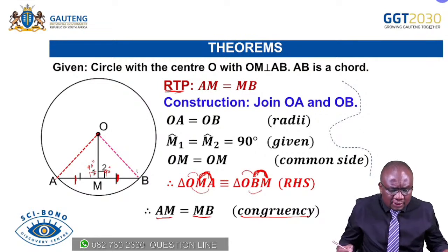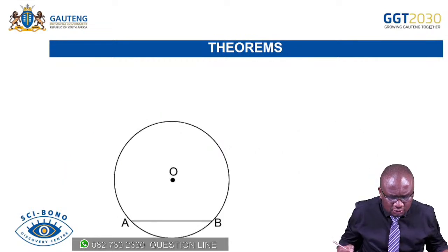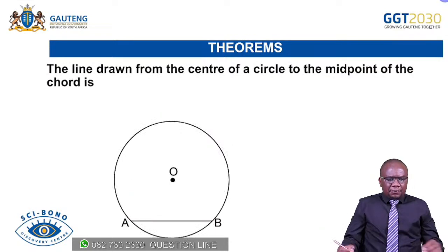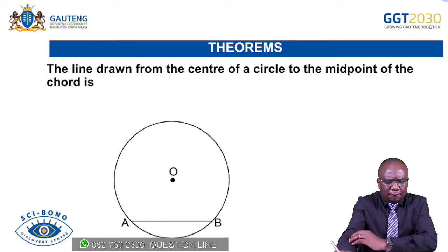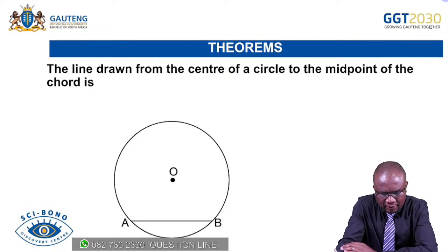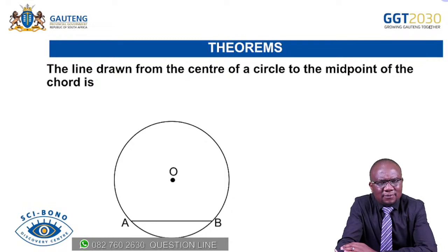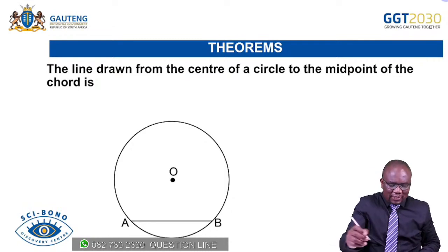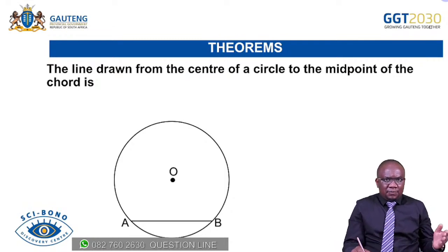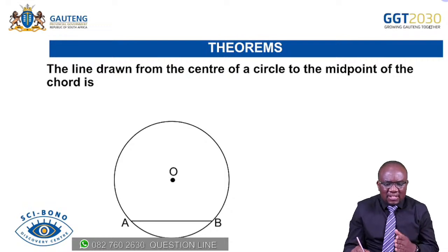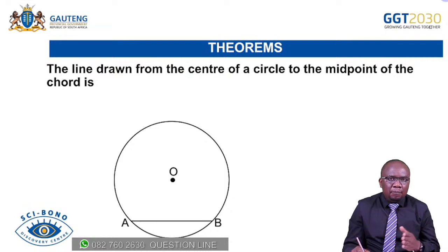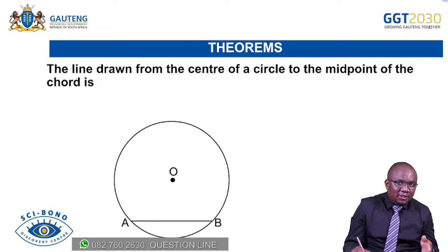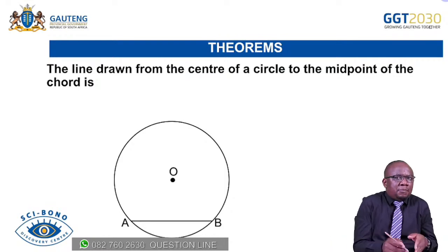Okay, right. Now, my slide is not moving. Okay, it's moving. Right. Now, the line drawn from the center of a circle to the midpoint of the chord is something interesting here. We said the line drawn from the center of a circle perpendicular to the chord bisects the chord. It means it goes to the midpoint.